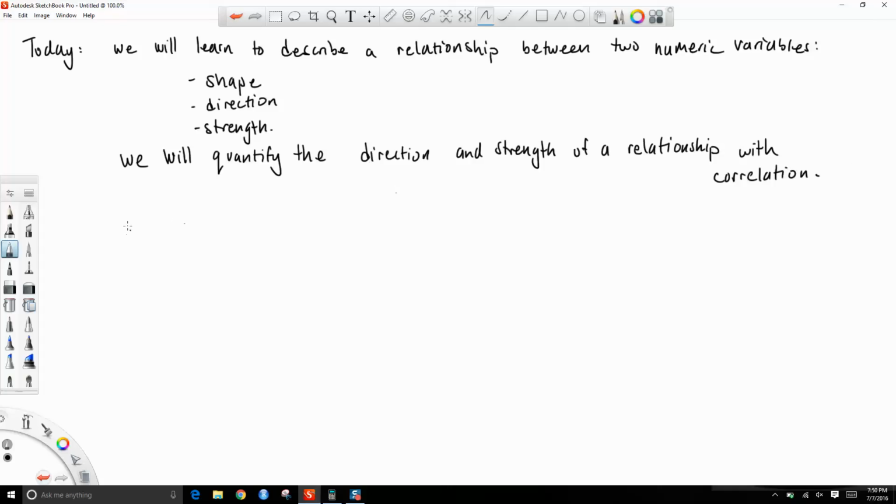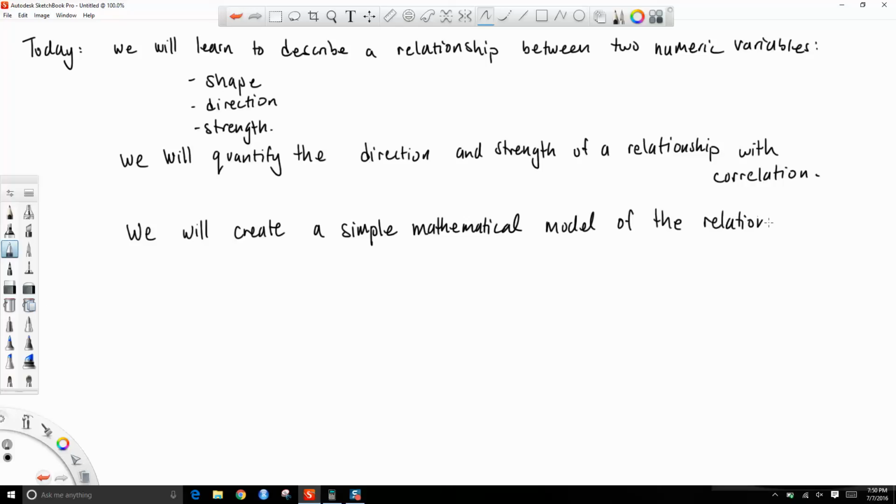And then we will create a simple mathematical model of the relationship, so we can make predictions.